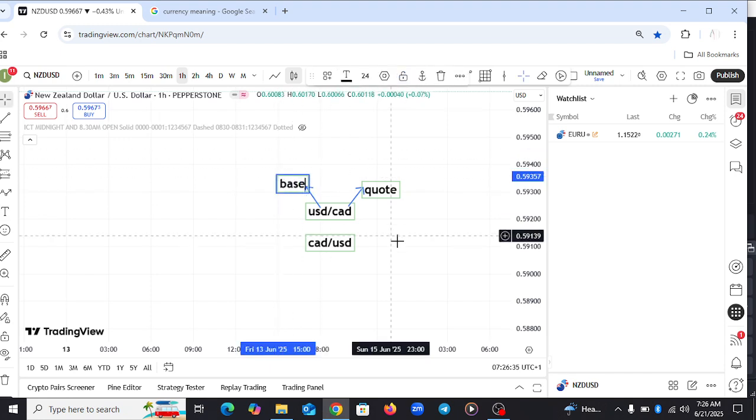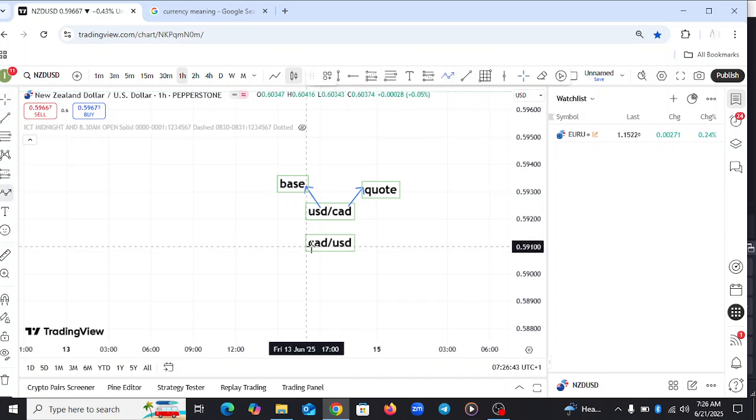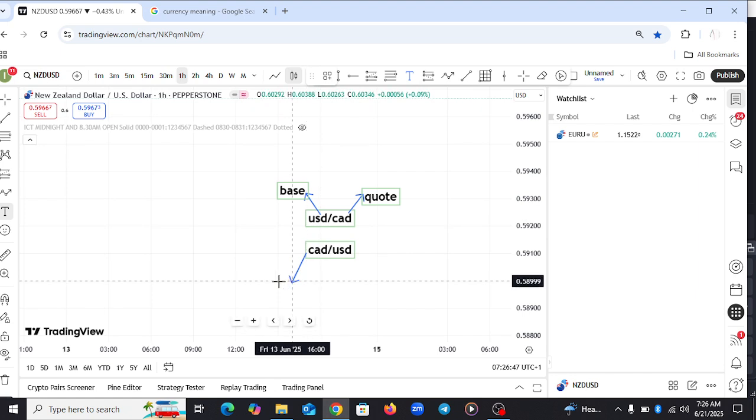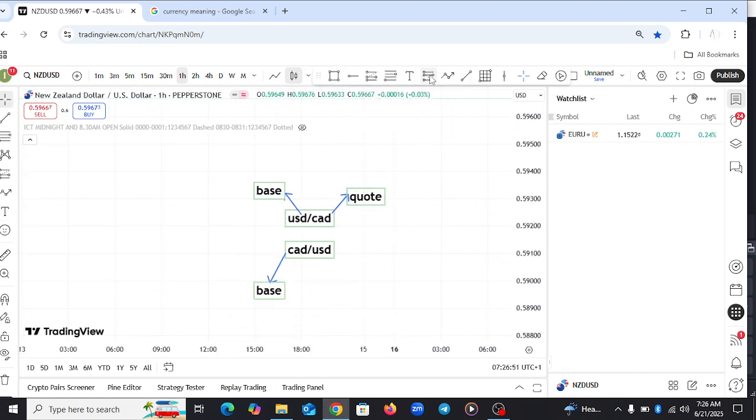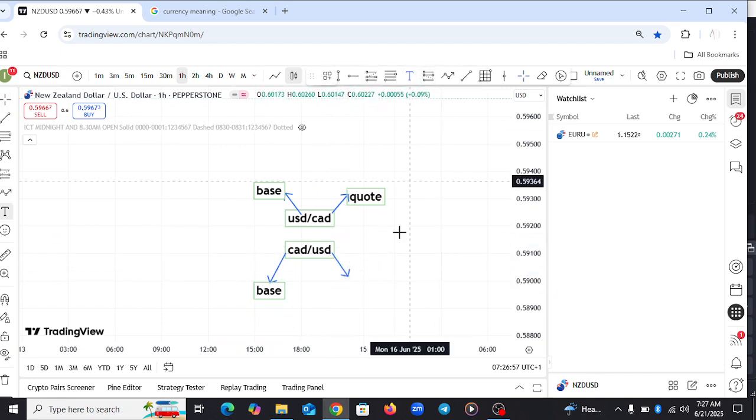Why? Because it came first. So it doesn't matter if they're interswitched, as long as the first currency is the one that comes first, it will be named the base currency, and then the next currency would be called the quote currency. It's as easy as that, honestly.